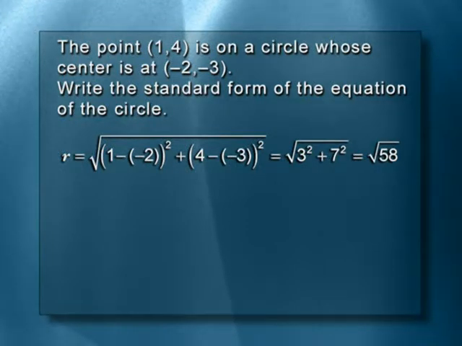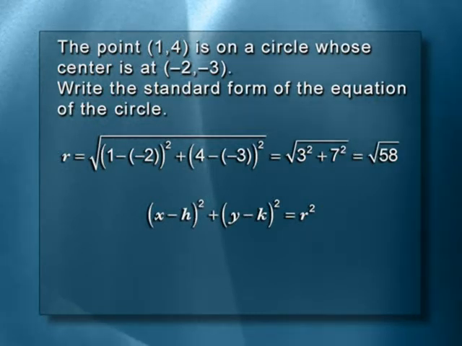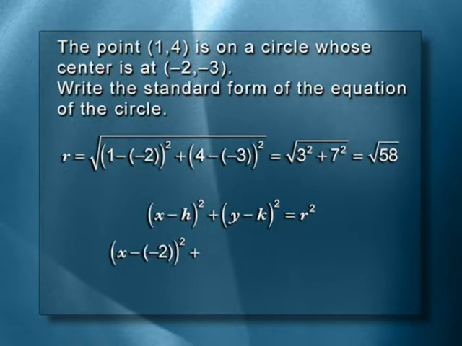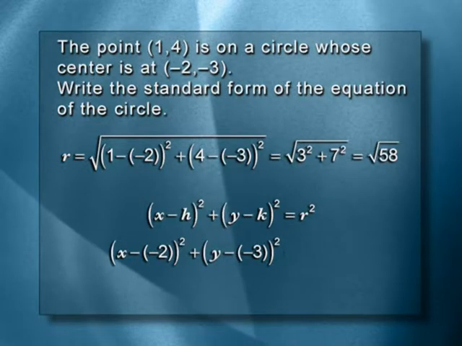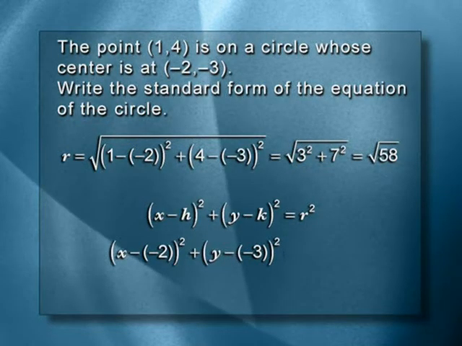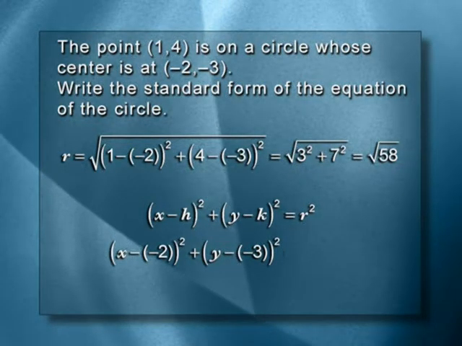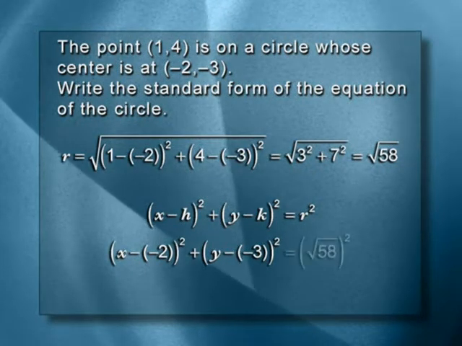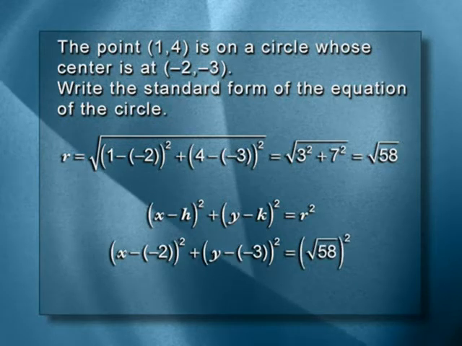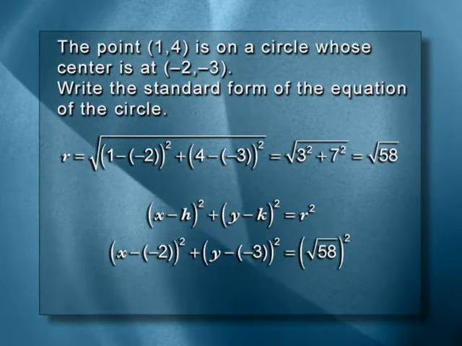And now we take the equation, x minus h squared plus y minus k squared equals r squared, and plug in all these characters. h, you remember, is the x-coordinate of the center, minus 2. k is the y-coordinate, minus 3. And so you have x minus minus 2 squared plus y minus minus 3 squared equal to the radius squared, which is square root of 58 squared.